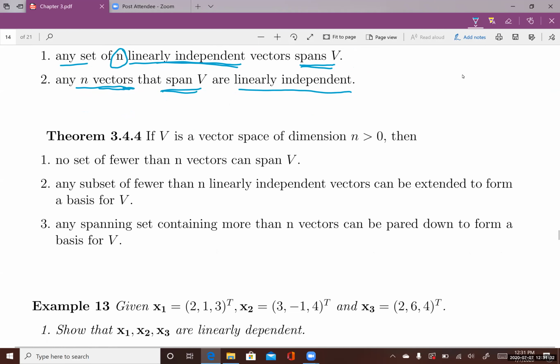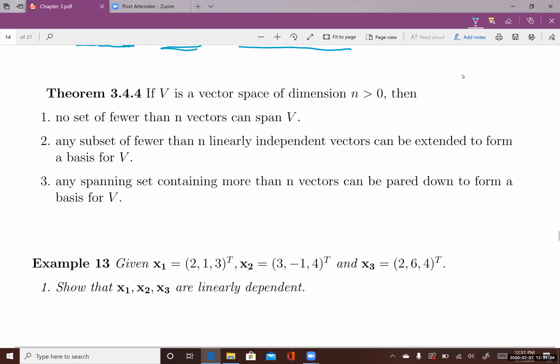The next theorem: if V is a vector space with dimension n, again positive, then no set of fewer than n vectors can span V. For example, in R3, you need at least 3 vectors to span R3.